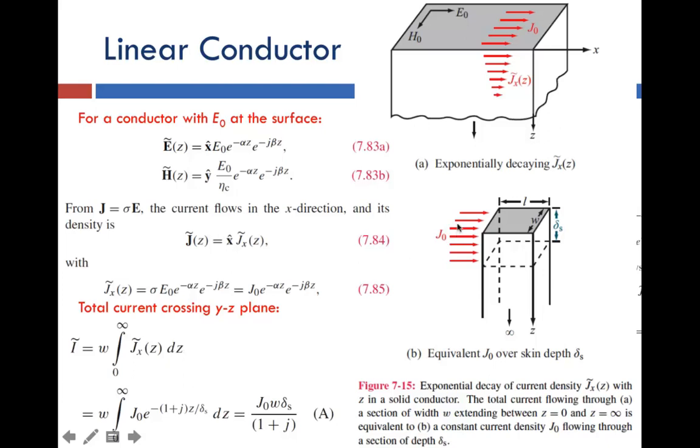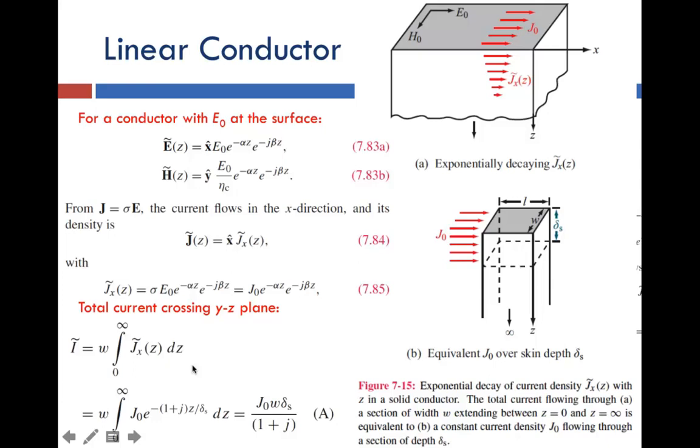So basically the current does decay exponentially as you enter the conductor. And you can estimate that this is equal to a constant current density J naught that flows through the section del S.